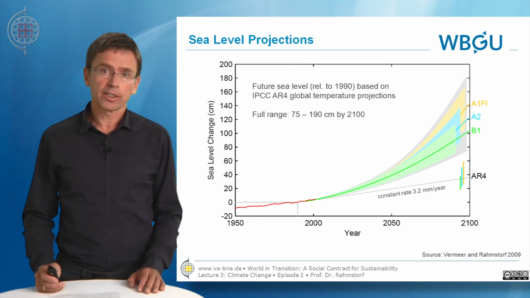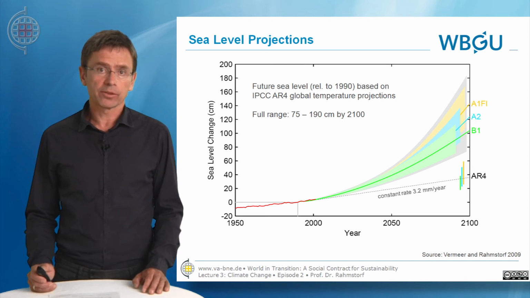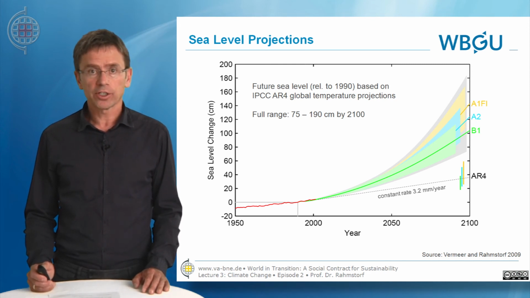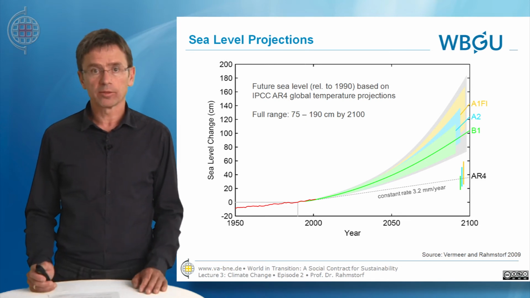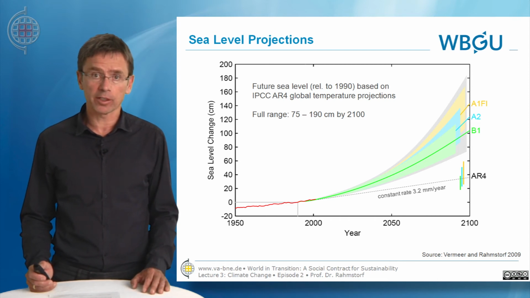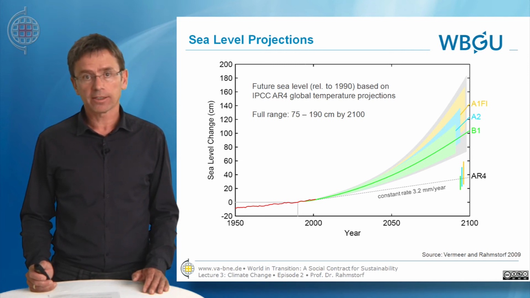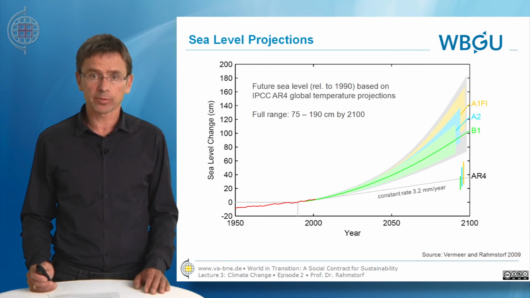I already mentioned that we don't predict temperature, but if you give us a certain amount of CO2 concentration in the atmosphere and other greenhouse gases, we can say how much warming will there be, and that is quite robust because it follows that simple energy balance of our planet. And if you know how much warming there will be, with a simple formula that connects the rate of sea level rise to warming, you can work out how much sea level rise to expect.